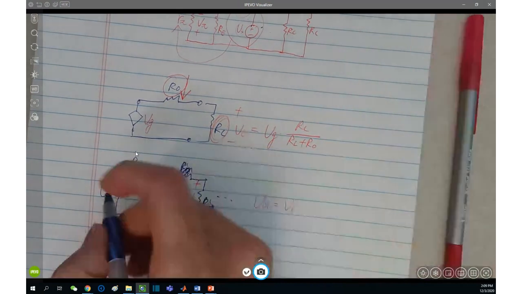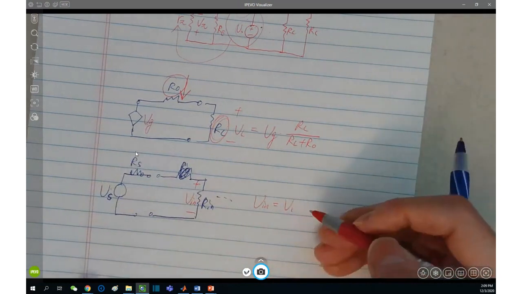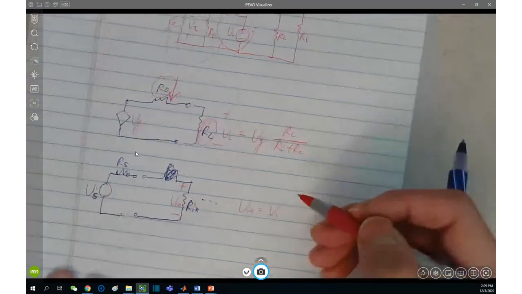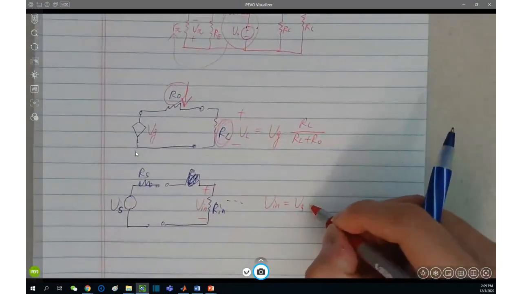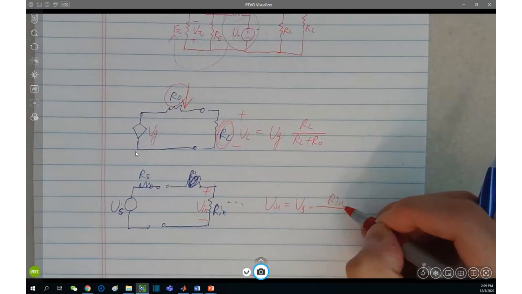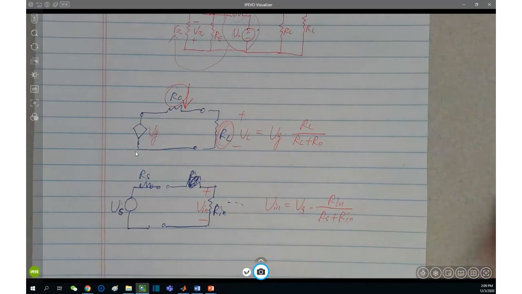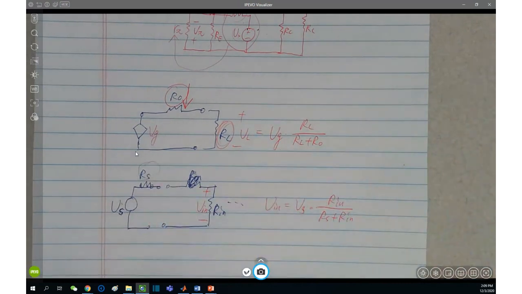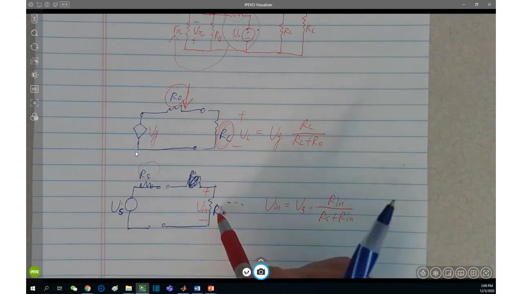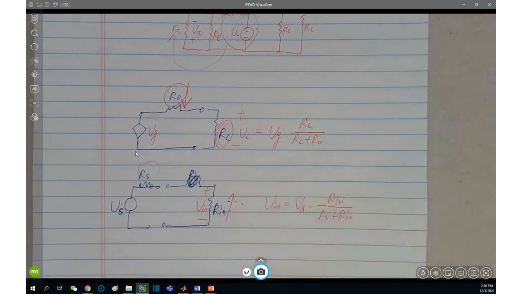Let's say this is VS. V in, the voltage really received by your amplifier, equals the source voltage times R in over RS plus RE. Similarly, you have no control over the RS. It's up to the source. So you can only control the RE. So the conclusion is the higher RE is, the better, because the more voltage you can occupy.